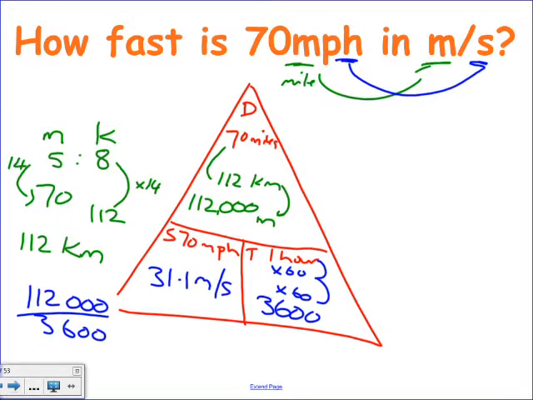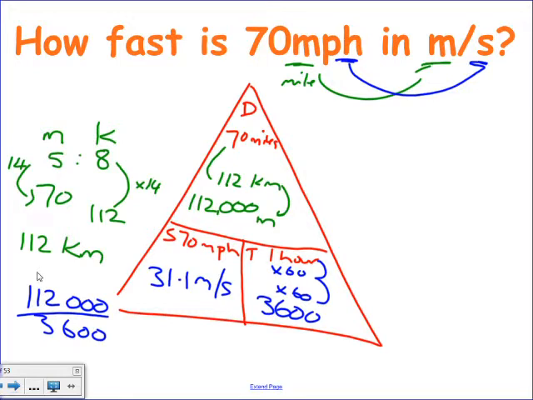That's a lot of metres per second, but that's a lot of miles per hour, I suppose. 70 miles an hour is flying on the motorway. And that's how it works: how you go from miles to kilometres to metres, how you go from hours to seconds. Metres divided by seconds gives you the unit you want.